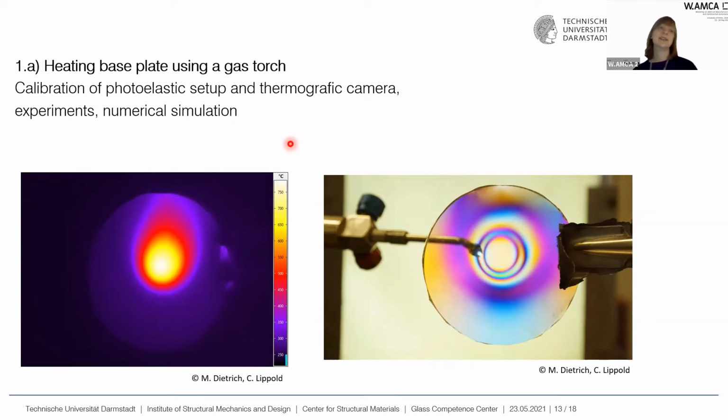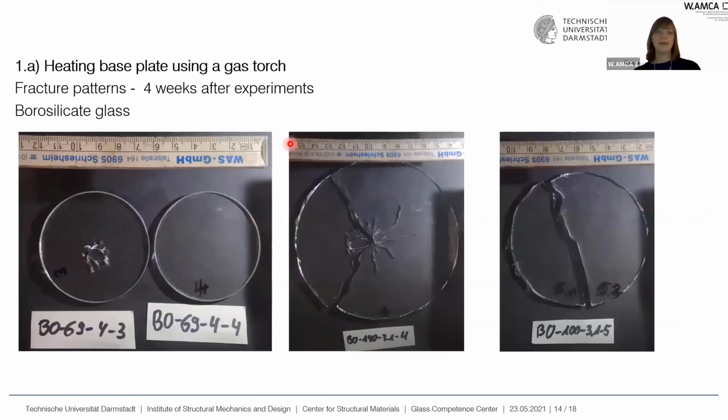Those students did the calibration of the photoelastic setup and also the calibration of the emissivity of three types of glasses. They used borosilicate glass, soda lime glass, and quartz glass. And they did these experiments and numerical simulation. We have some nice fracture patterns, and I think it's very nice and also a big difference between those three glass types.